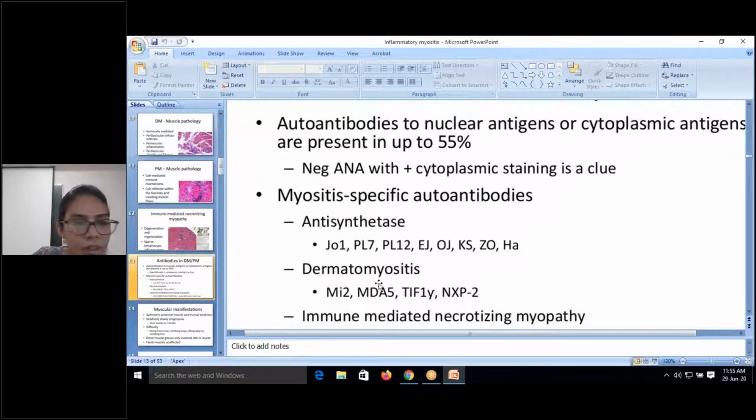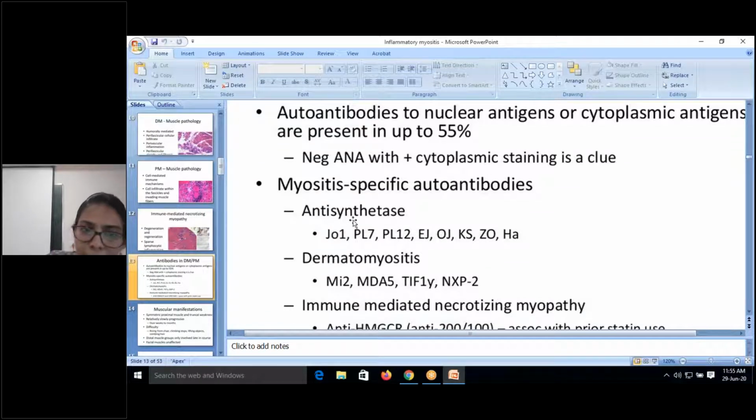So antibodies in dermatomyositis and polymyositis. Autoantibodies to nuclear antigen or cytoplasmic antigen are present in 55% of the patients. Negative ANA with cytoplasmic staining should be a suspicion for you to go with the testing of antibodies for myopathy. In myositis, there are two types of antibodies: myositis-specific autoantibodies and myositis-associated antibodies.